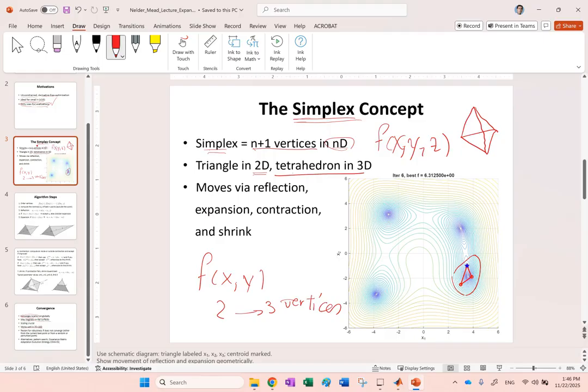So in general, we form this one. And if I want to explain it extremely simply, if you look at a cross section of this, it's something like that. Basically, this is like you have an object that looks like a triangle and you let it roll down the surface.